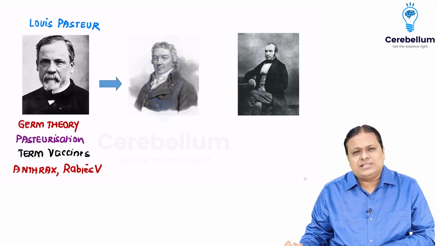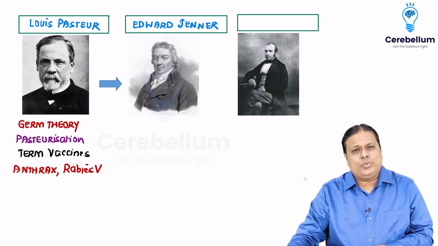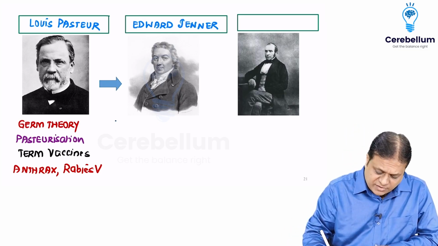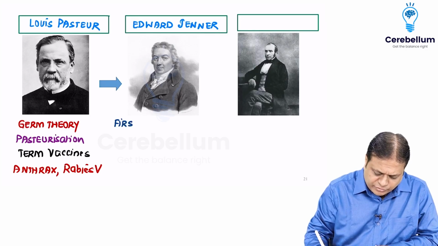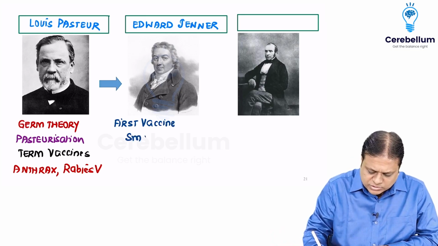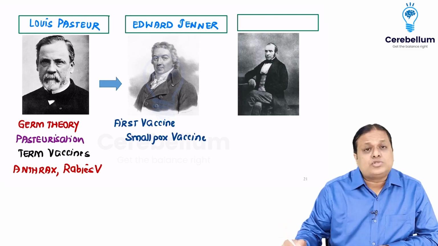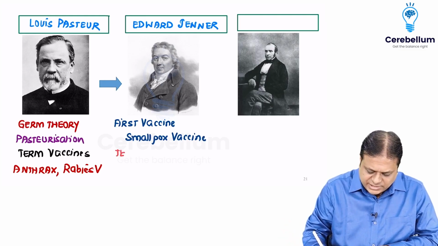When we look at second image, this is of Sir Edward Jenner. Sir Edward Jenner is credited with, yes, discovery or development of first vaccine, and that was, yes, the smallpox vaccine. He also coined the term vaccination.